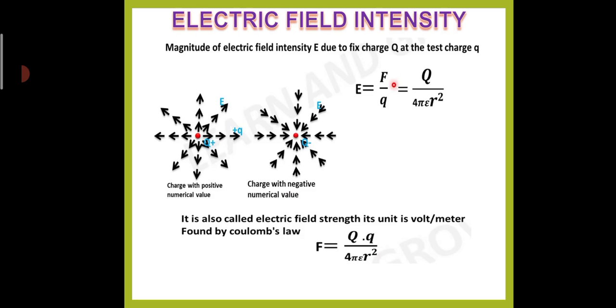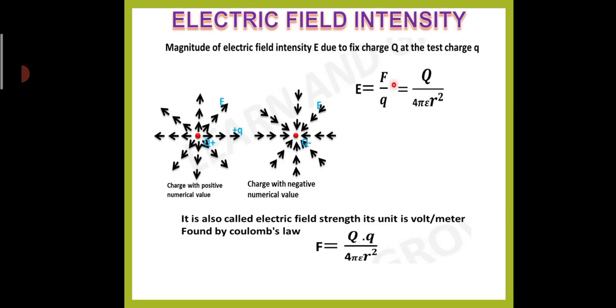Now, electric field intensity. The electric field intensity is defined as force per unit charge. It is a vector quantity and is denoted by E. So, the magnitude of electric field intensity E is due to the fixed charge Q at the test charge. Here in the figure, the first figure is a charge with positive numerical value and the second one is a charge with negative numerical value.